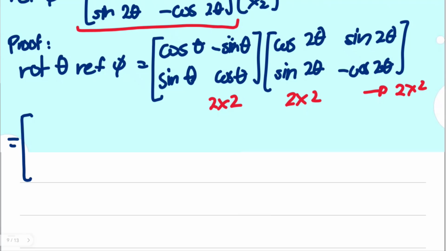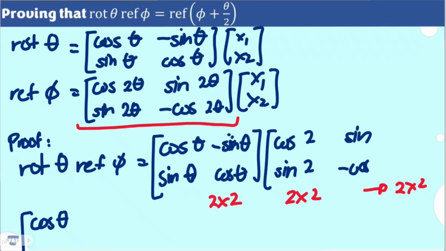First, this row to be multiplied with this column. So you will have cosine theta. Sorry, my bad. This should be phi, right? This should all be phi because we're using phi here. Sorry, twice phi, twice phi, twice phi, twice phi.